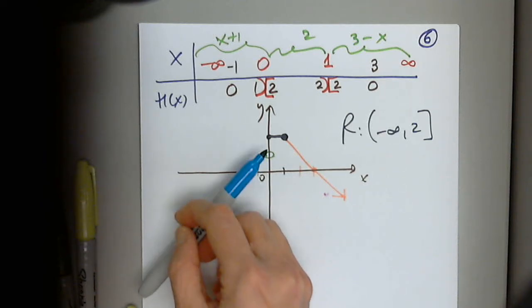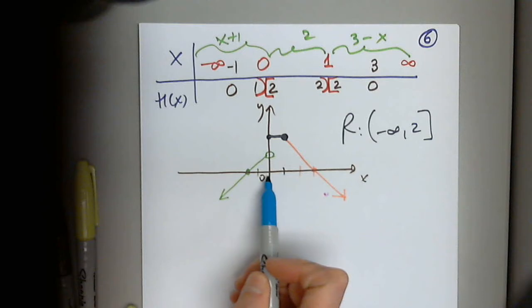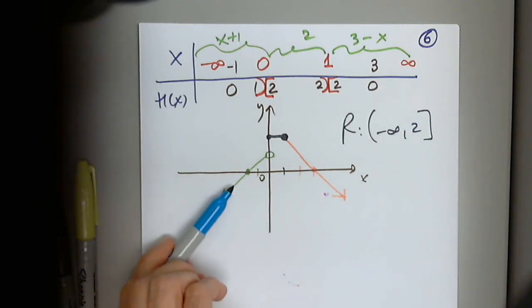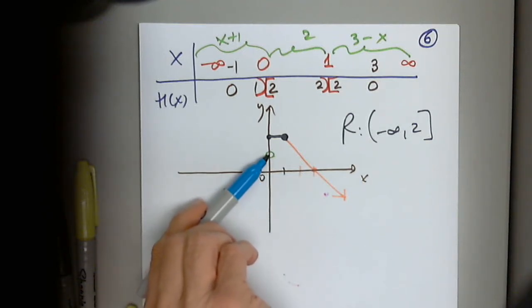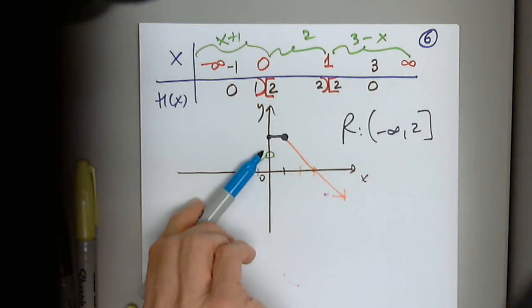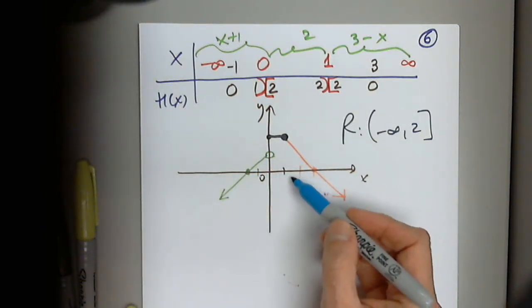We see that? Yes. So as x approaches 0 from the left, the function values get closer and closer to 1. Agreed? Okay. Now let's look at the other side.